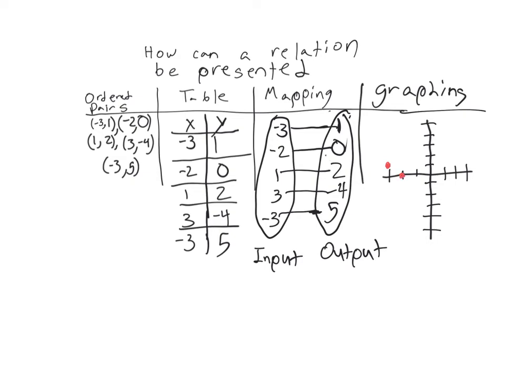Then I go 1, 2, 3, down to -4, then -3, all the way up here. Okay?